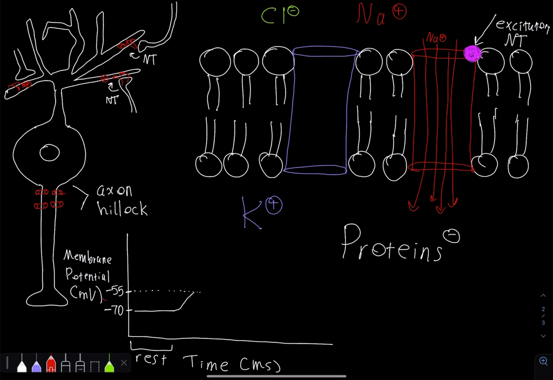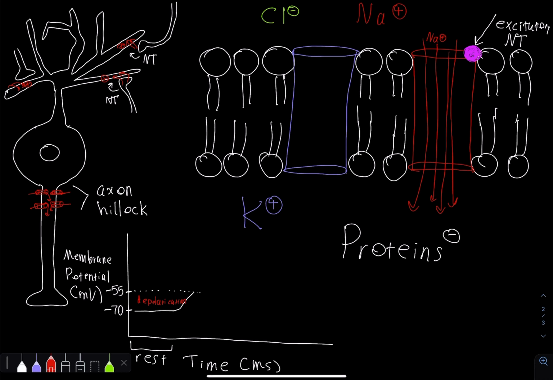So let's say these other neurons give us enough sodium and make the potential go high enough that the voltage-gated sodium channels on the axon hillock say, okay, we're going to let sodium in, because the membrane potential is going high enough. When the membrane potential goes up, we call that depolarization. Depolarization happens when we let sodium in. So if the cell is depolarized enough, these will open.